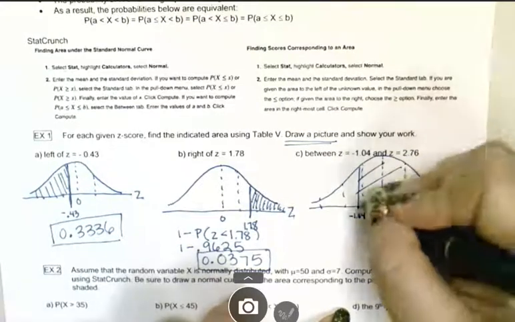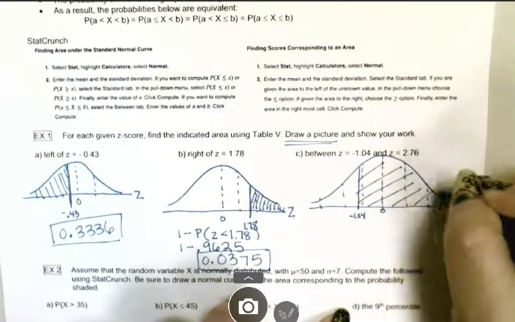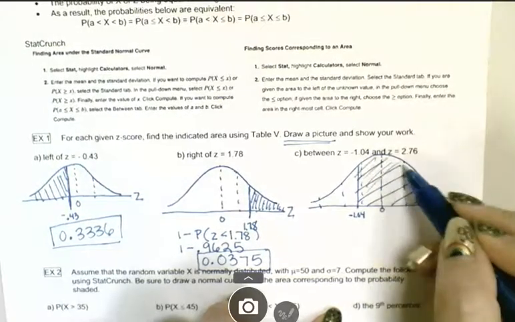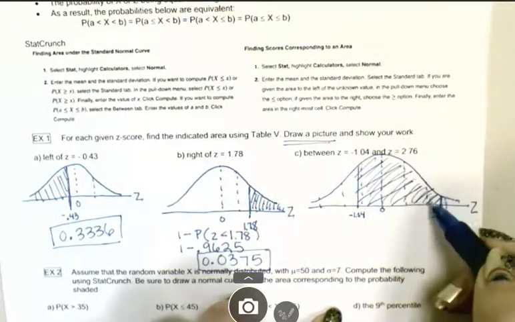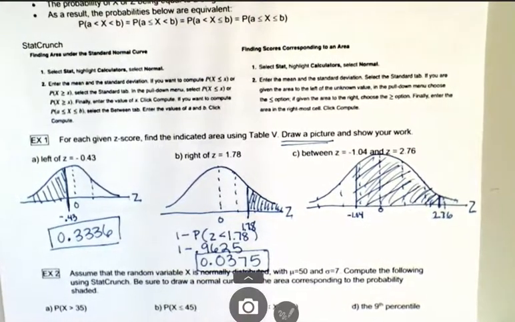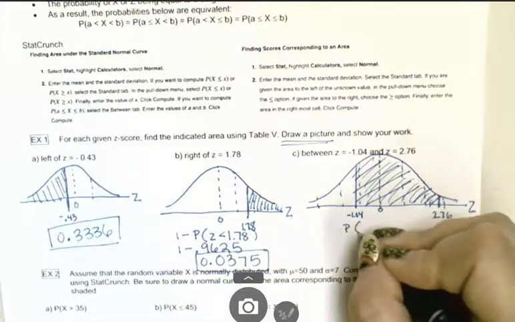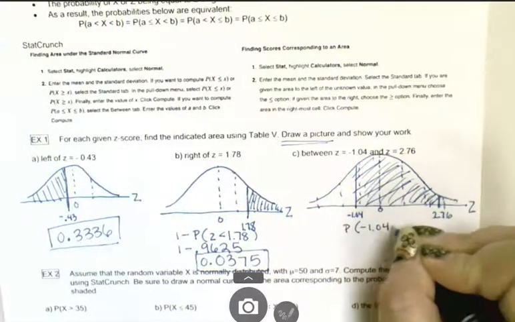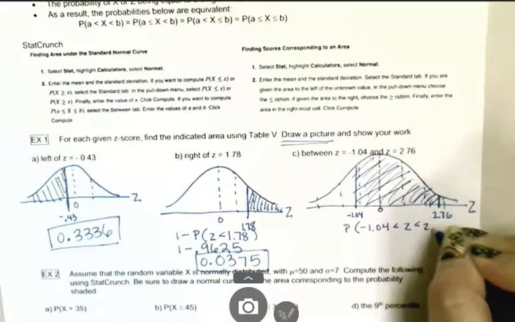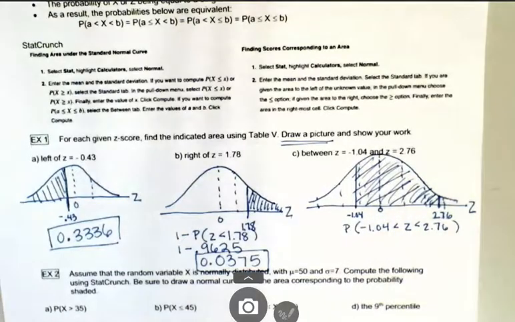And what I want is to find the area between. I'm going to color that even a little more thick there. Remember that area is the same as probability, so what I'm really finding here is the probability of z being between, and it doesn't matter whether I have equals or not, these two values.